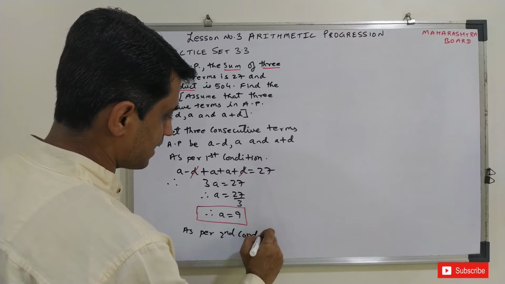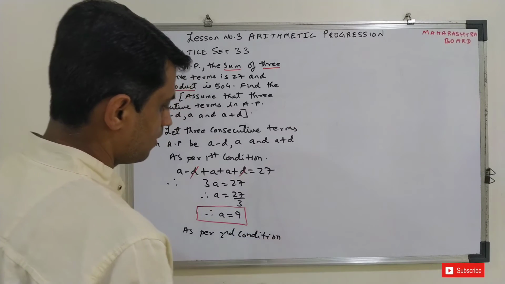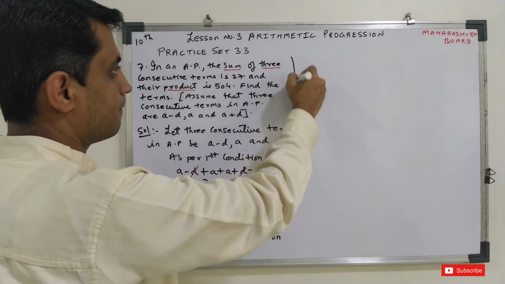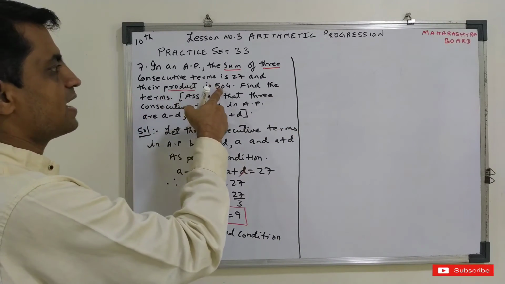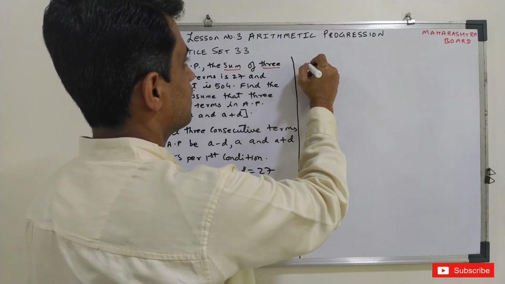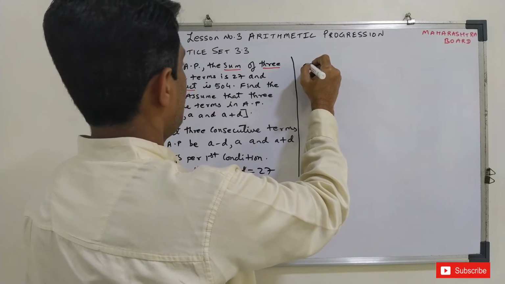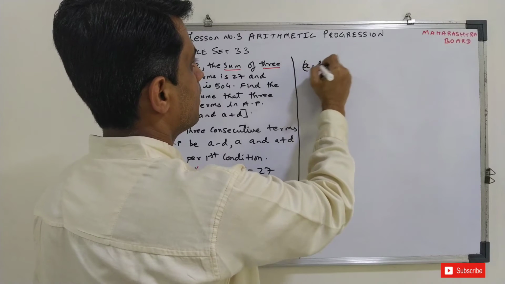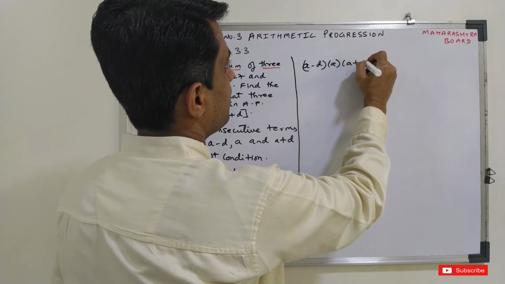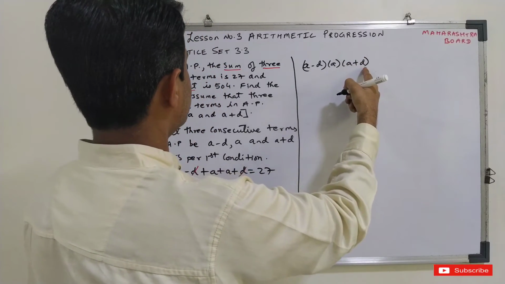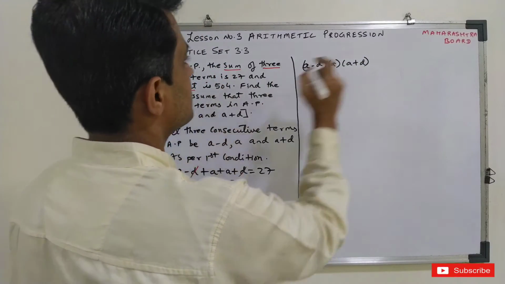Now as per the second condition, let us see what they had given. The product is 504. The product means A minus D, A and A plus D. The product of all these three is 504.